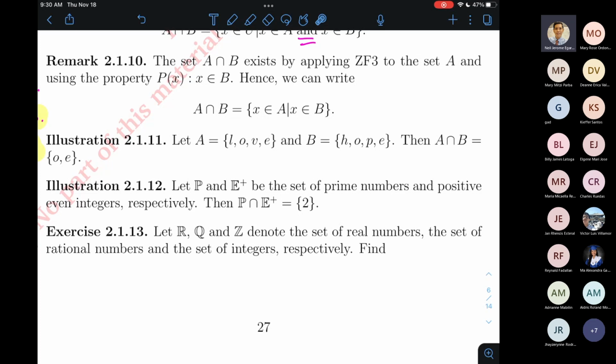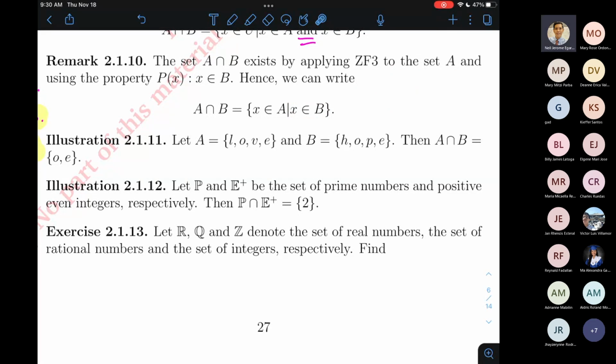Tapos pipiliin mo pa further sino sa mga elements ni A yung magbe-belong sa intersection. Yung property P na gagamitin natin para ma-determine sino dun sa mga members ni A ang members ng intersection, okay? Ay isi-set natin yung property P na yon to be x belonging to B. Okay? So kaya guaranteed na nag-exist yung intersection.